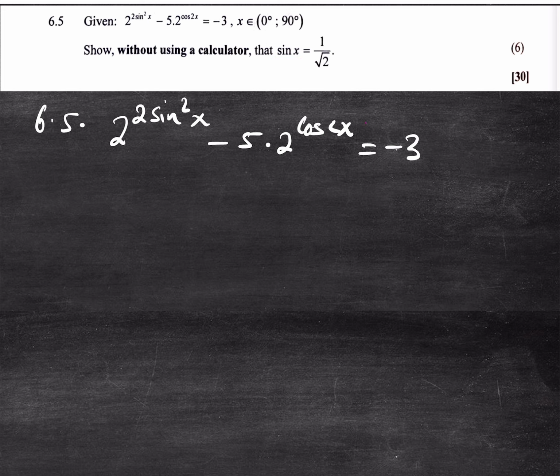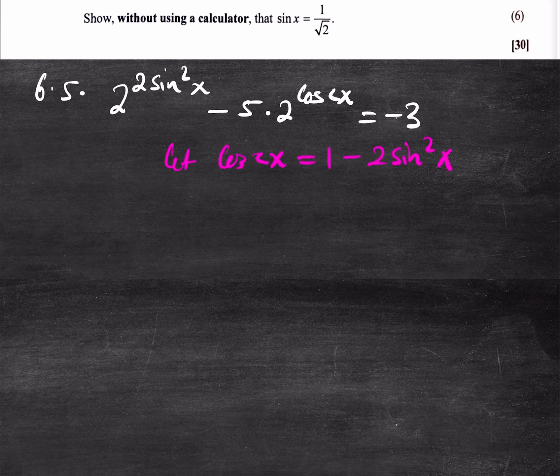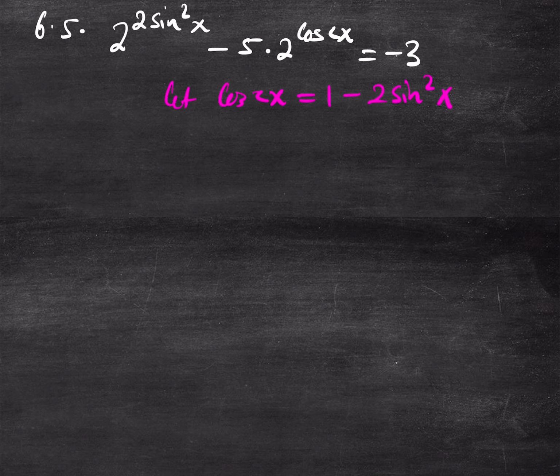So this cos of 2x is a double angle. You can express that in terms of sine only. That's the best thing to do in this case, to say that let cos of 2x be 1 minus 2 sine squared of x. That at least you know. And then I'm going to replace this portion by this quantity here.